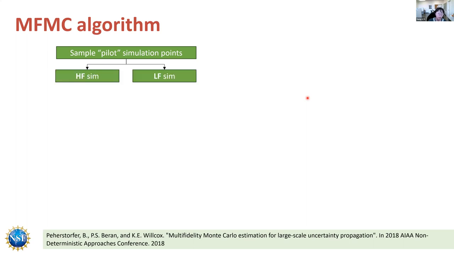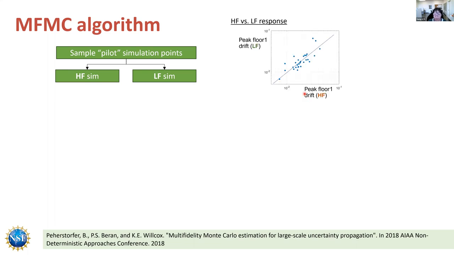So we run both low and high fidelity models for some number of samples with the exact same input values. And then we can draw this kind of pair plot that directly compares the high and low fidelity responses. Using this, we can estimate a preliminary correlation coefficient.